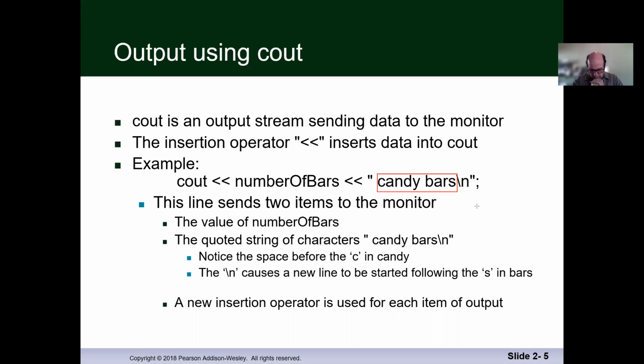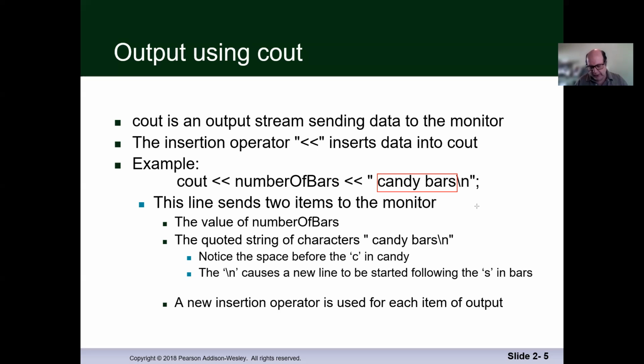Of course, the only thing is, if it sees a backslash, then it knows some special thing is happening there, so it's going to do something about it. If I don't have a backslash, it's just going to take it and display it. If I have a backslash something, it's going to do something about it. We're going to get to that.